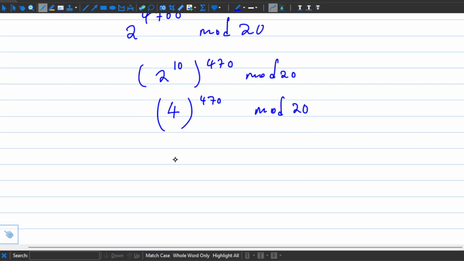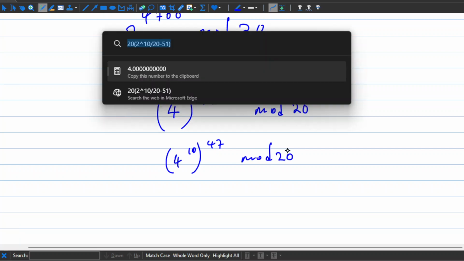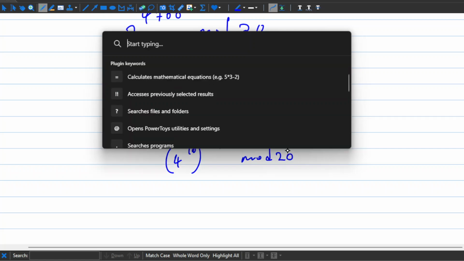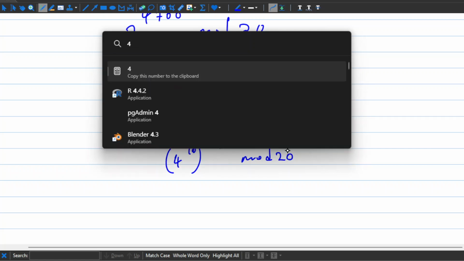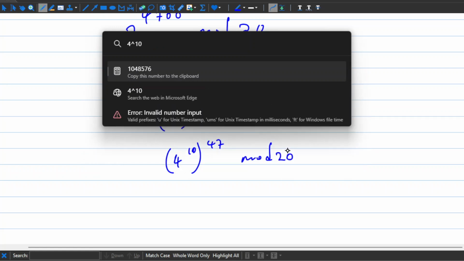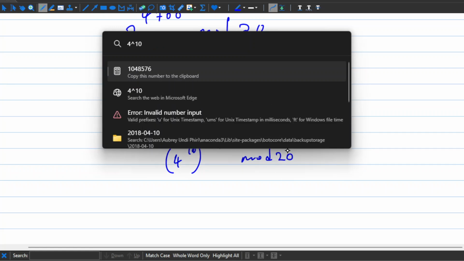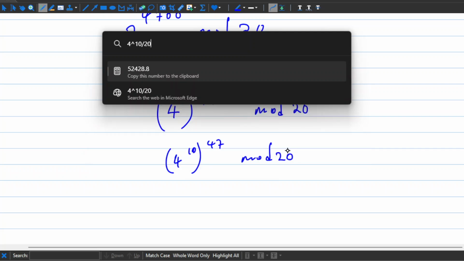Maybe I could also say 4 to the power 10, then the power 47, because I know that 10 times 47 will give me 470. So again, I say mod 20. So how do you do this? Again, you go back to your calculator. So you say, well, I have 4 to the power 10, okay, which is that number, divide by 20. Oh, I have that number, so I need to take note of that.